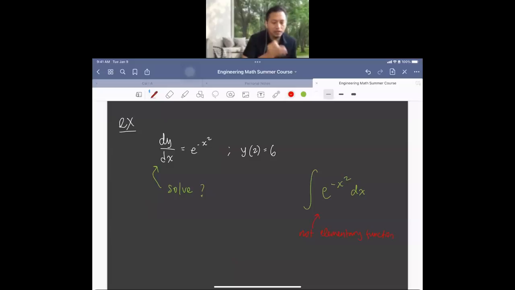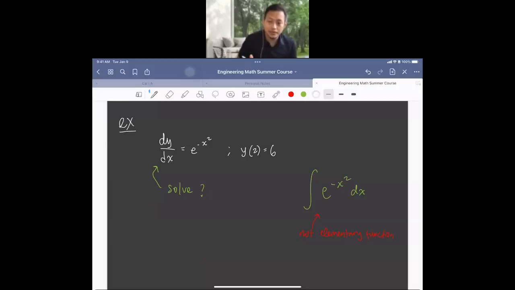We can introduce this kind of integration later when we deal with error functions. This is actually an error function. But in calculus we say this is not elementary, which means we don't have the exact result of the integration. So how can we solve this?